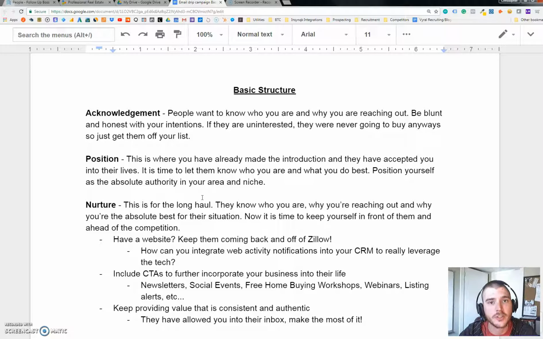Also, something that you really should look into is how can you integrate your web activity into your CRM. Sometimes websites have a CRM that they include, like Real Geeks has a CRM, Sierra Interactive has a CRM, Boomtown has a CRM. They also have a front-end website.